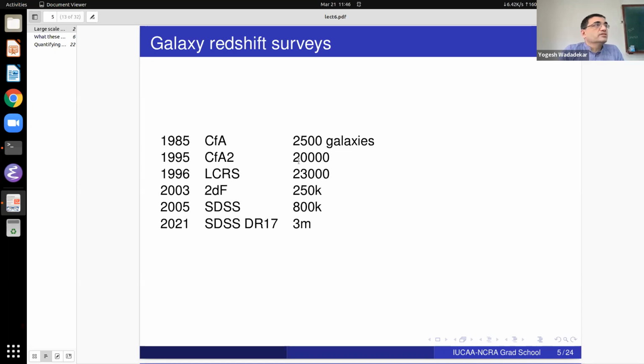Nowadays, people have started doing integral field spectroscopy, wherein you take a spectrum not of the galaxy as a whole, but you take a spectrum of every pixel in the galaxy. So these are called now spaxels. We'll see 3D spectroscopy when we do dynamics.